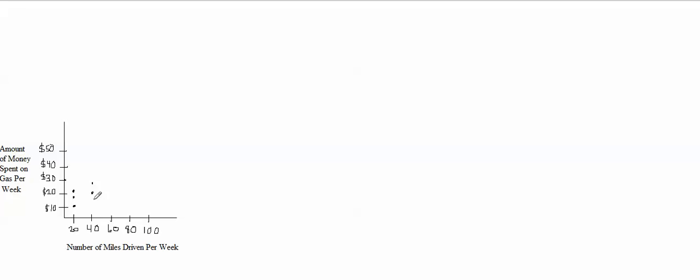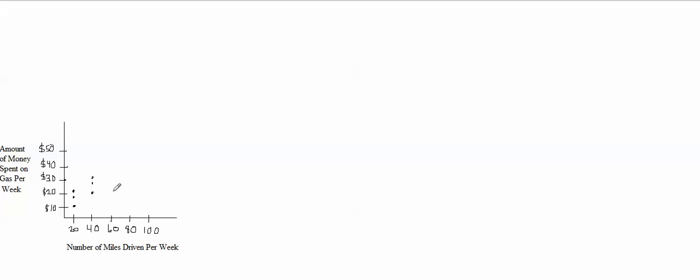And the range that they fall into will be a little bit higher than the range that these people fell into, because these people are driving 20 more miles per week, which means they'll be spending more money on gas than these 3 people typically. So the range is going to be shifted up. Maybe it'll be shifted from here up to here.